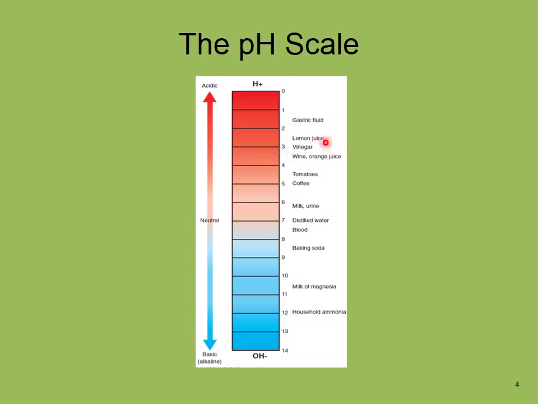Lemon juice, vinegar, all this stuff is around 3. Then we get into our neutral territory, distilled water, and then we go down here where we have increased concentration of hydroxide, and that is our high pH range. So alkalotic things, alkaline stuff, milk of magnesia, ammonia, that sort of thing.